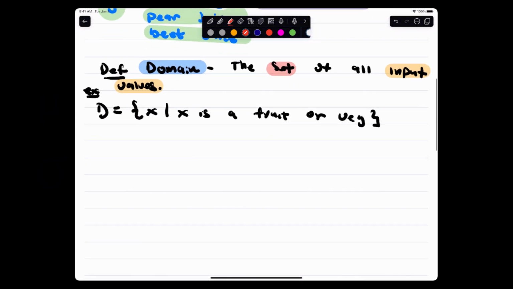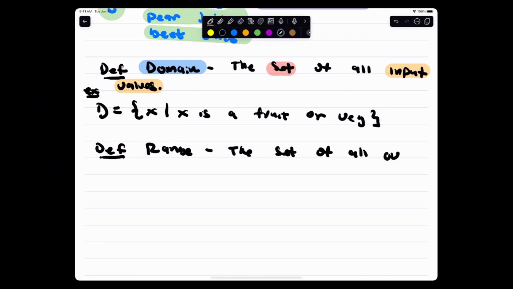Okay, now we also have something called the range of a function. So the definition of a range of your function, that's another set. You say that's the set of all output values. So that's in green.